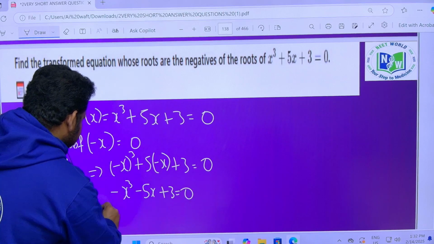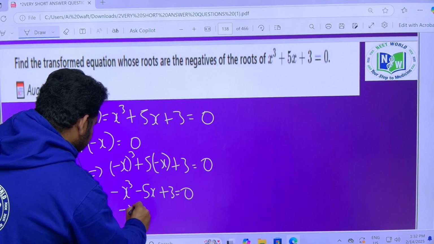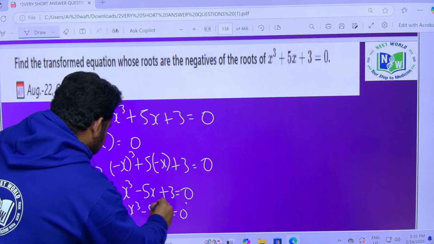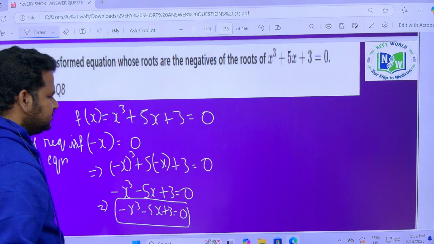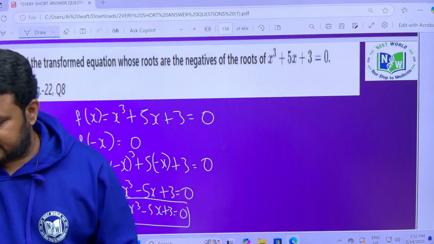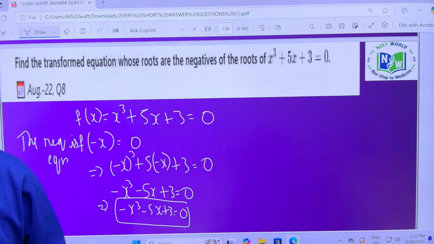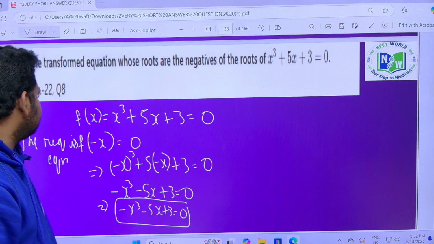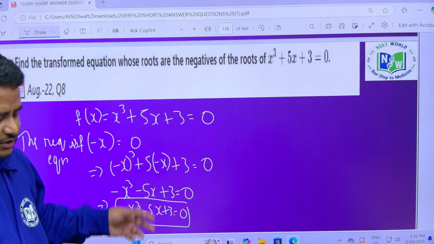So the required equation will be, friends, minus x cube minus 5x plus 3 is equal to 0. That's it. So this is the transformed equation which is having negative roots of the given equation. Minus x cube minus 5x plus 3. Okay, another question which is based on this only.